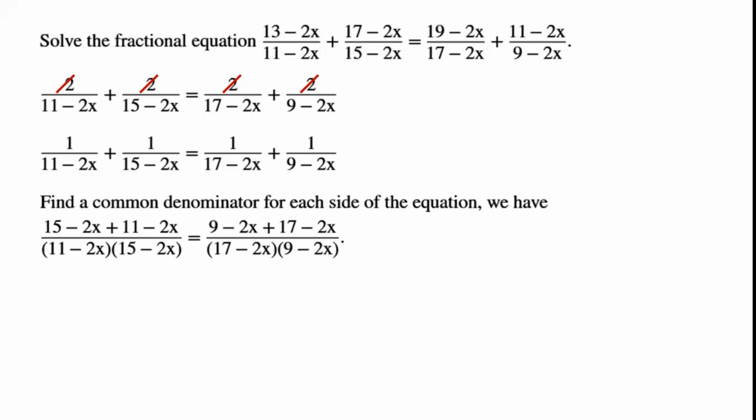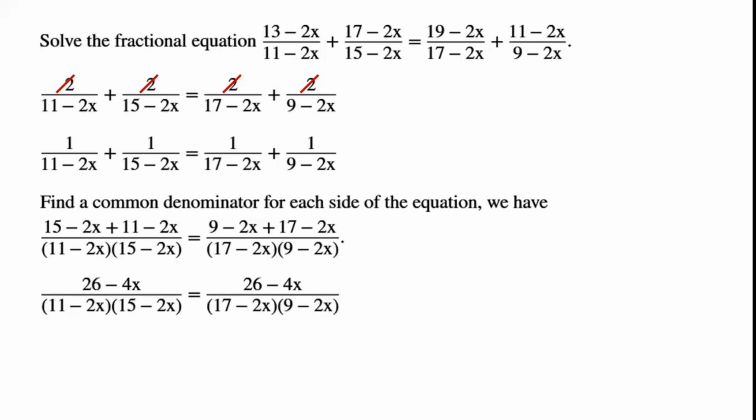By finding a common denominator for each side of the equation, we have (15 - 2x) + (11 - 2x) over (11 - 2x)(15 - 2x) equals (9 - 2x) + (17 - 2x) over (17 - 2x)(9 - 2x).